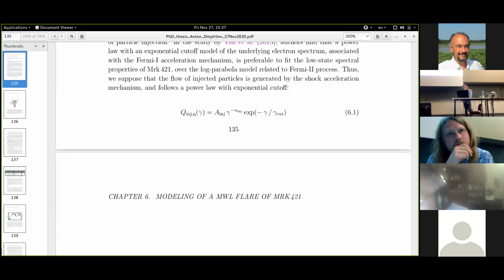Well, if you inject such particles uniformly, the escape time due to diffusion inside the bubble is larger than your escape time, the radius of the bubble divided by c. They will diffuse in the magnetic field because their Larmor radius is smaller than the radius of the bubble.